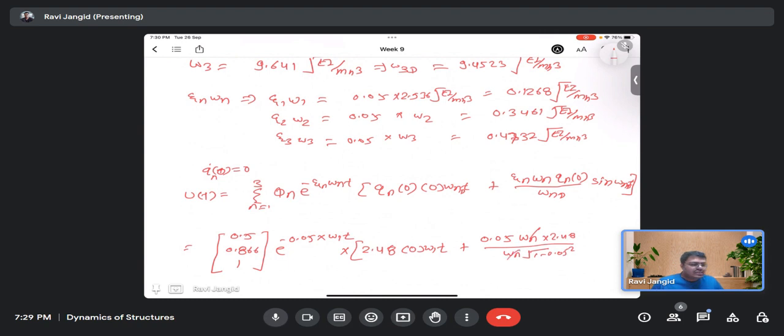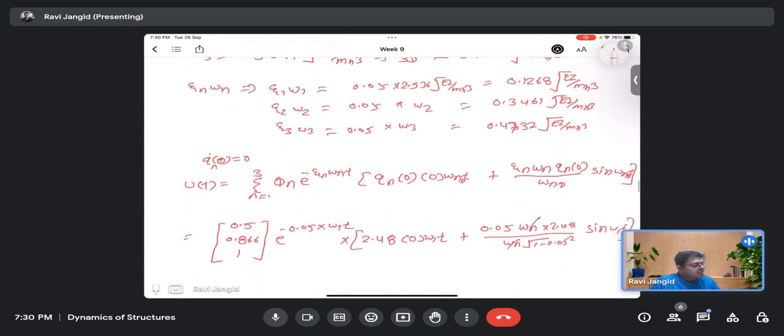So omega n will cancel out, sin omega n d t. Is it okay if I write this? Yes. So if you simplify this, then you will get it.